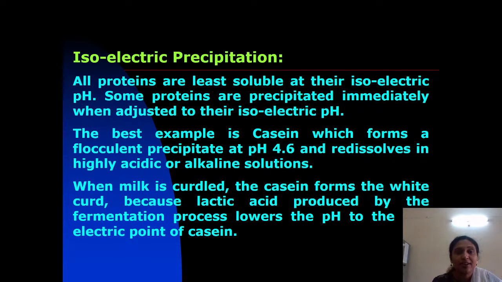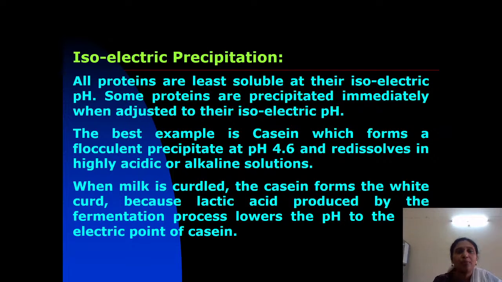Now, coming to isoelectric precipitation, when you add certain precipitating agents to the protein solution, they bring the solution to the isoelectric pH of the particular protein. So bringing it to the isoelectric pH also causes the formation of a precipitate.